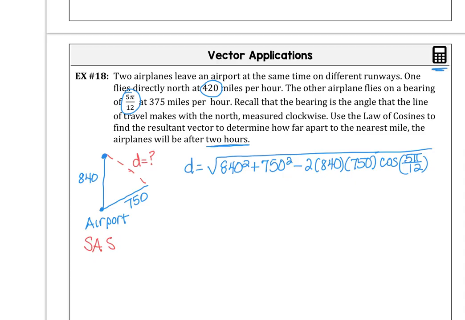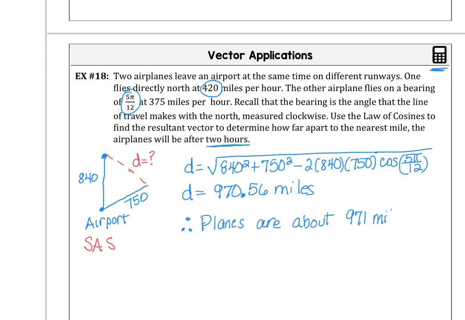So you need your calculator, being very careful to calculate all of those. I get 970.5 miles. So therefore we know that the airplanes are about, rounding up to the nearest whole mile, 971 miles apart.